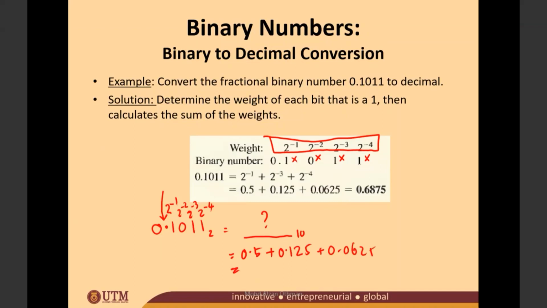Okay, and then you tambah semua sekali, so kamu akan dapat 0.6875. So this is the jawapan. Okay, so next. Ini untuk yang nombor perpuluhan lah. Nombor perpuluhan dia quite tricky. So you need to find out what is the value for each of this negative power kat sini.